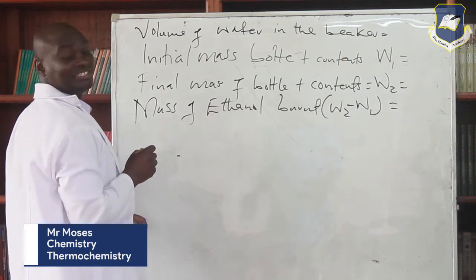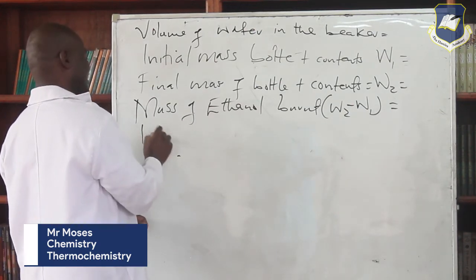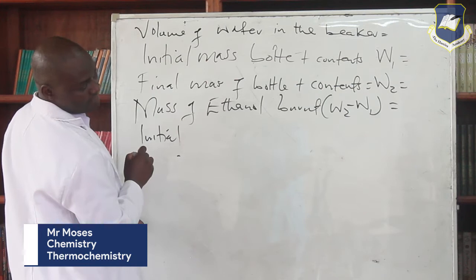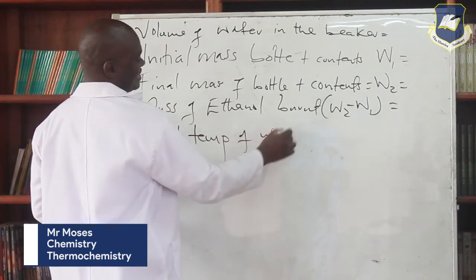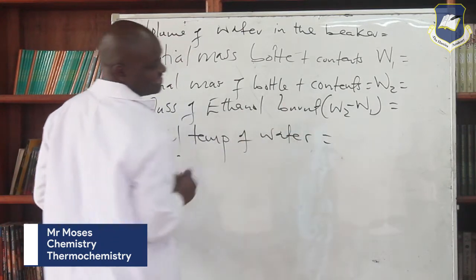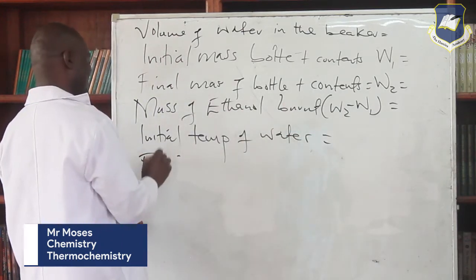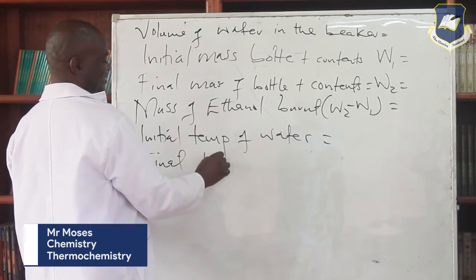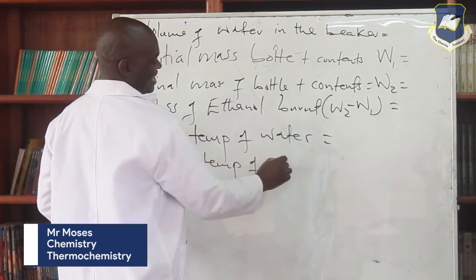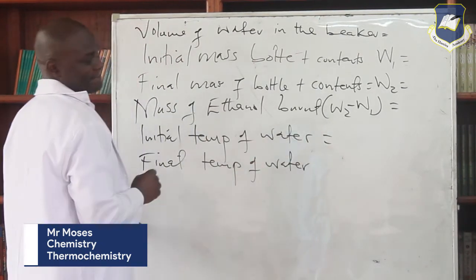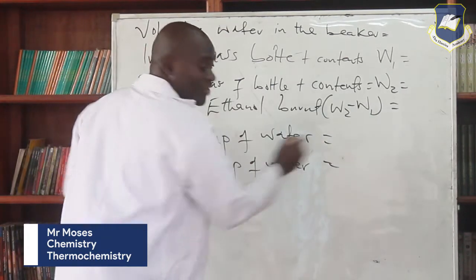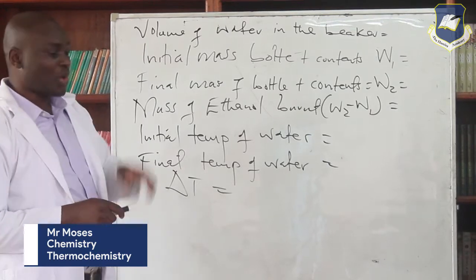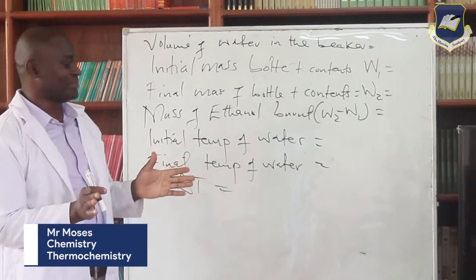Then the initial mass of water, the initial temperature of water, and then the final temperature of water. Then we'll have the change in temperature. So those are the things, the information, that we are going to collect during this experiment.